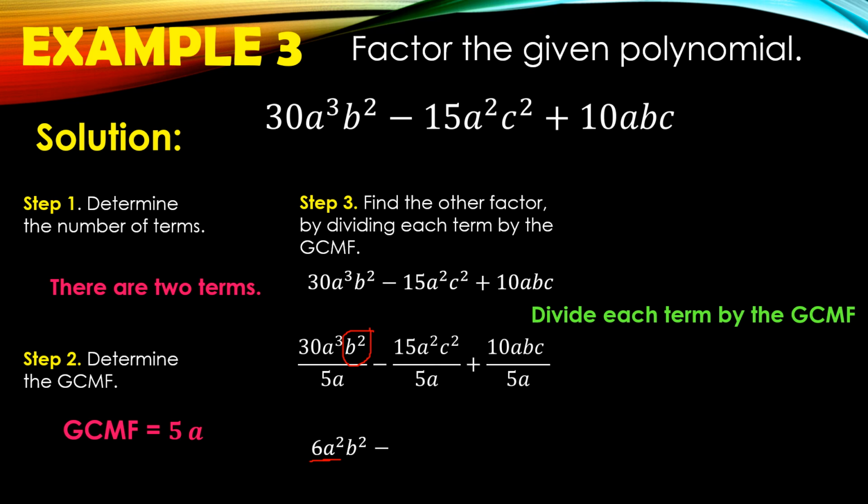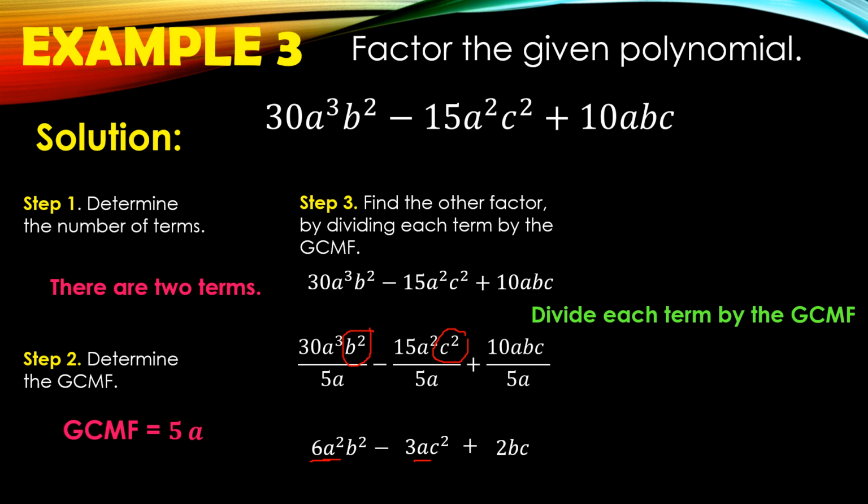15 divided by 5 is equal to 3. How about the variable? A squared divided by a is equal to a. And then copy the remaining factor c squared. Copy the operation plus and then divide 10 and 5, which will give us 2.